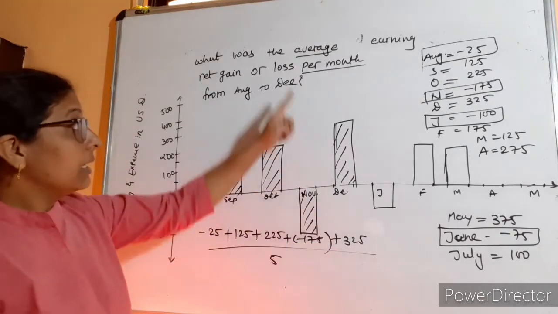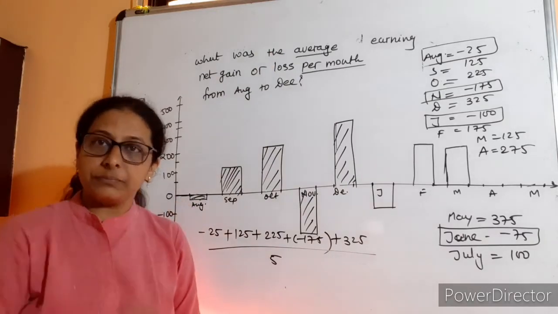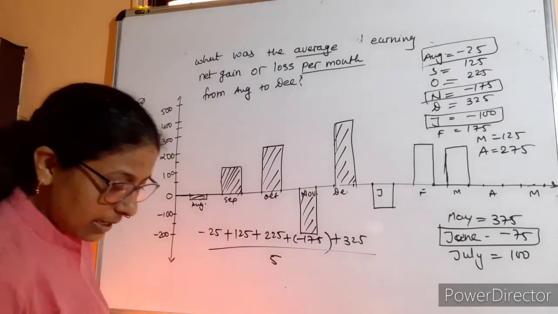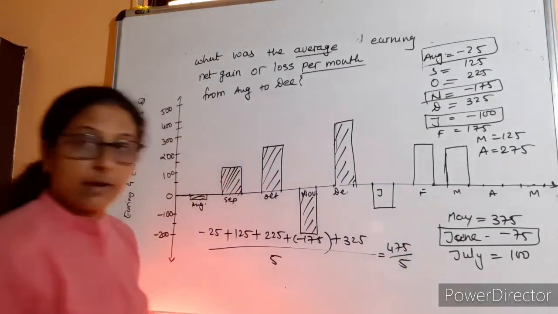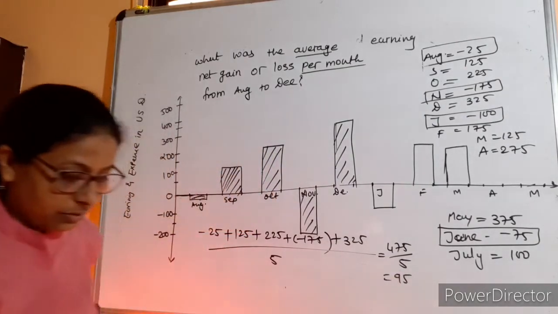But for the average profit or loss, average indicates the mean, and therefore we divide by 5. Here the sum is 475, divided by 5, and therefore it is 95.